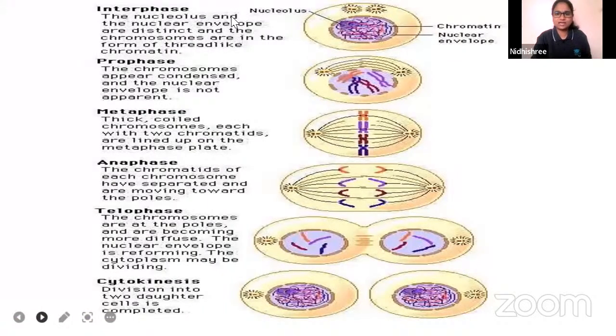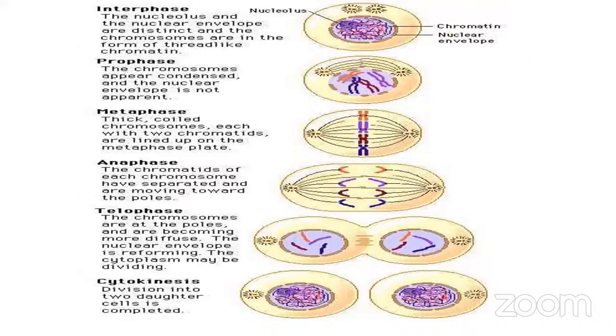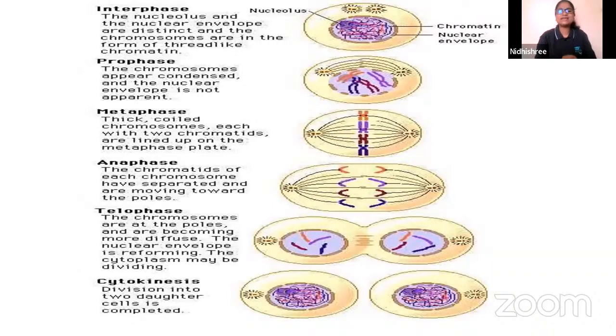So I request now, Dyuti, can you read out the slide regarding interphase? Interphase. The nucleolus and the nuclear envelope are distinct and the chromosomes are in the form of thread-like chromatin. Thank you, Dyuti. She said the nucleolus and nuclear envelope are distinct, meaning you can see the nucleolus and nuclear envelope.